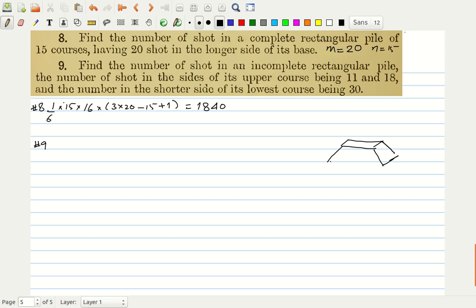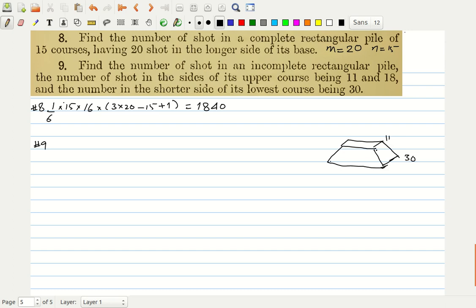Okay, so this was 11 here on the top, but on the bottommost layer, the lowest course, the shorter side is 30, and this one is what we have to find. What will be the number of balls in the longer side? Now you can see that with each layer, just after 11 it will become 12, right?